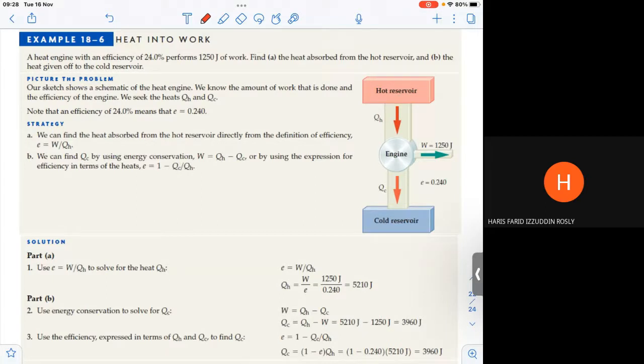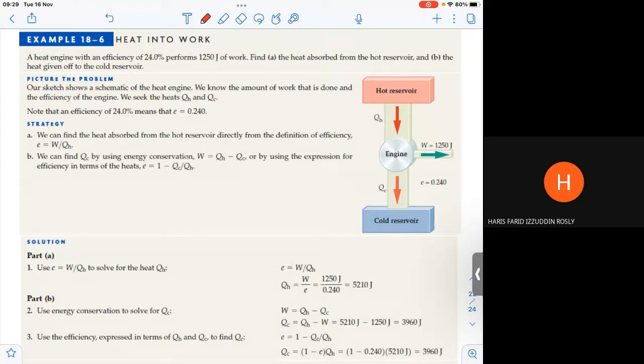For example, if you are burning things, you cannot just take all the energy and put it inside the engine, because energy can be transferred to another form. So that's why we cannot have 100% efficiency. It will be a good indicator if you can manage to get a very high efficiency.